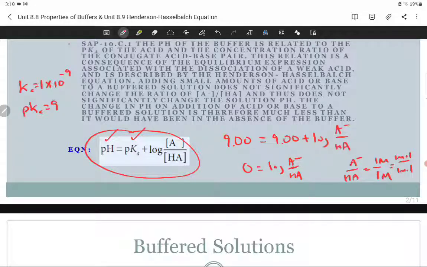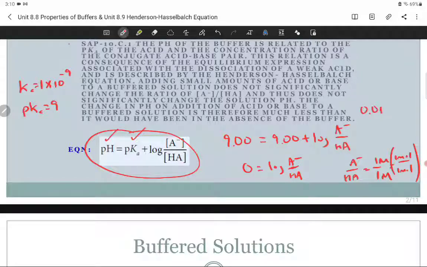Now, if you were actually going to try to dissolve a number of grams into a container that would be 1 mole, that might be very difficult. So lots of times people will take this ratio, 1 mole to 1 mole in this case, and divide them by a certain number. If they do that, they keep the ratio intact, but make it much more manageable as far as numbers are concerned.